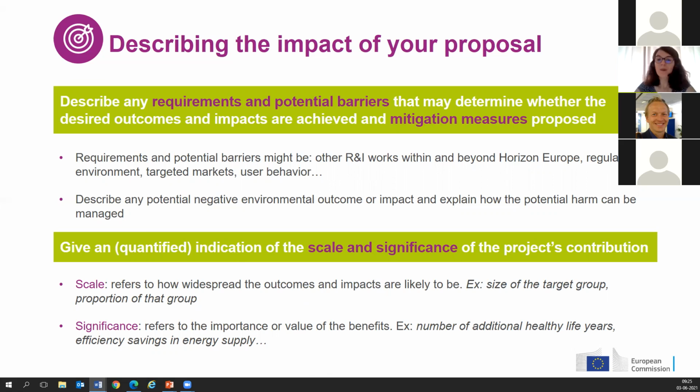For example, the number of additional healthy life years that your project in the health field could give, or if you're in the field of energy, how much energy efficiency savings your project will enable to reach. So yes, we really ask you to give some kind of quantified indications, of course, to the best of your knowledge at the moment of writing your proposals.